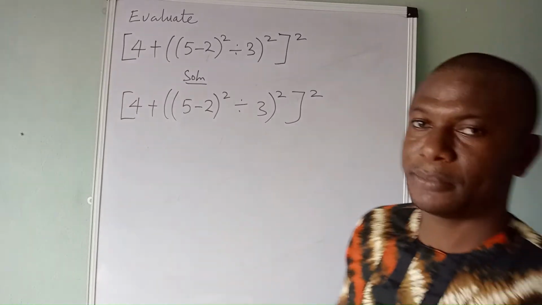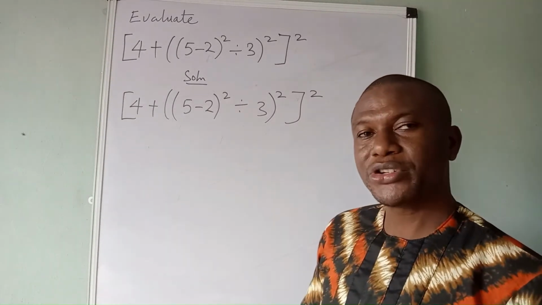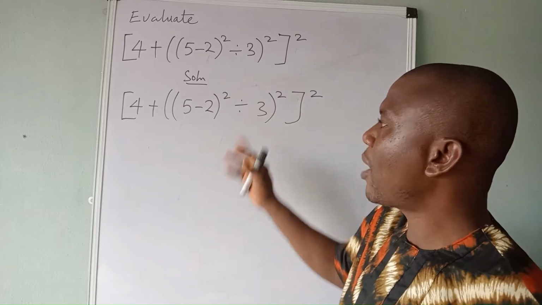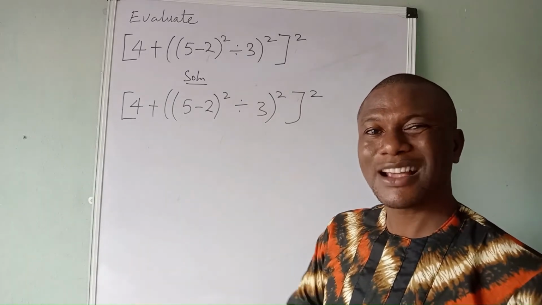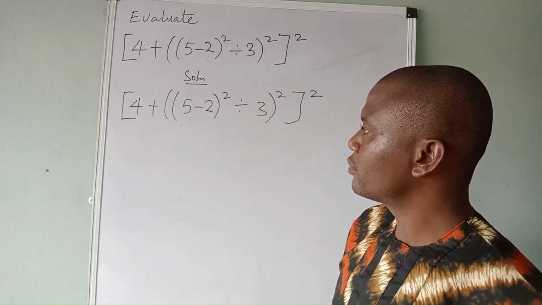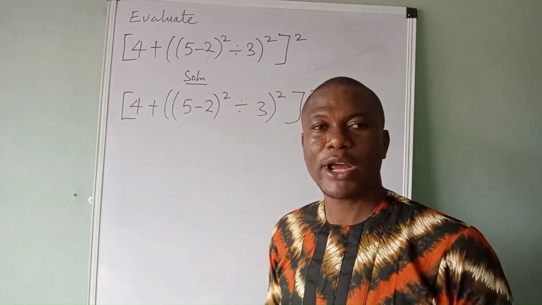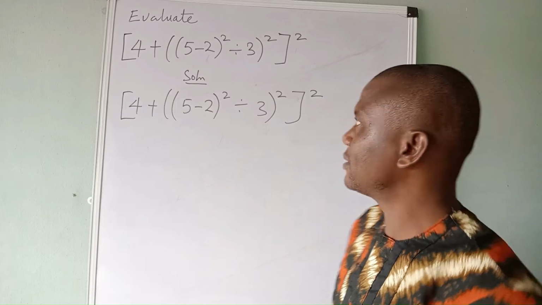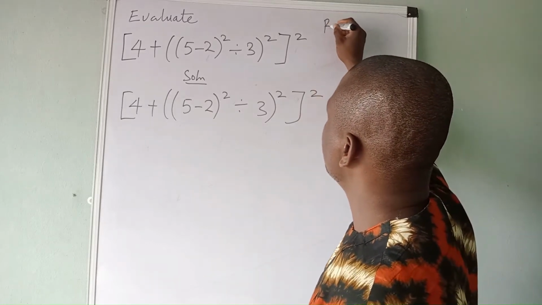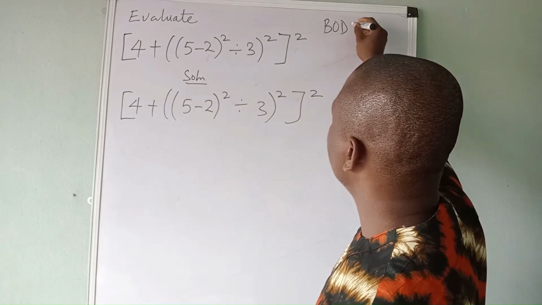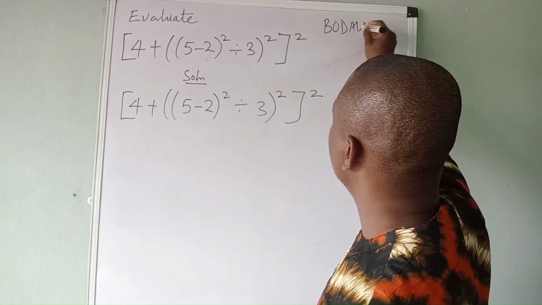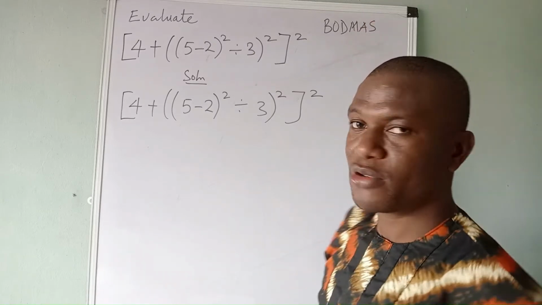Looking at this problem, you just have to be conscious of the brackets and the powers to be able to get the correct solution to the problem. So what do we do? We adopt BODMAS, which is bracket of division, multiplication, addition, and subtraction.